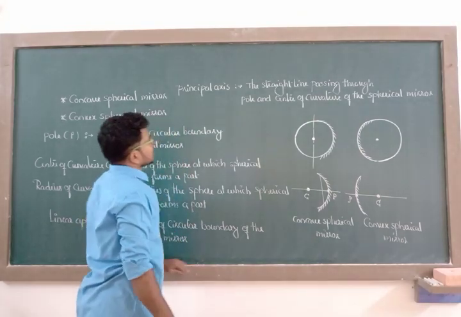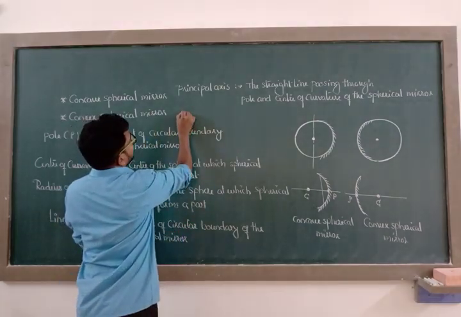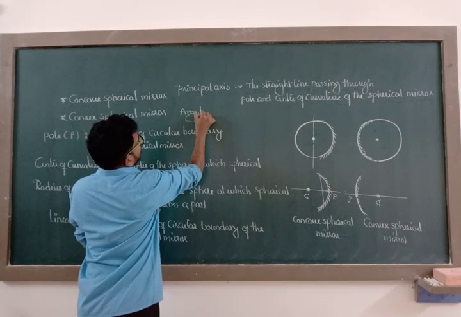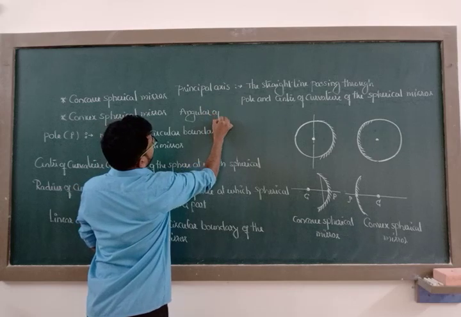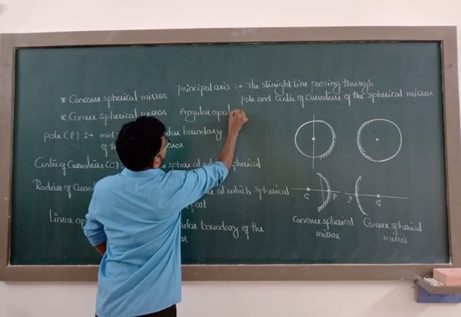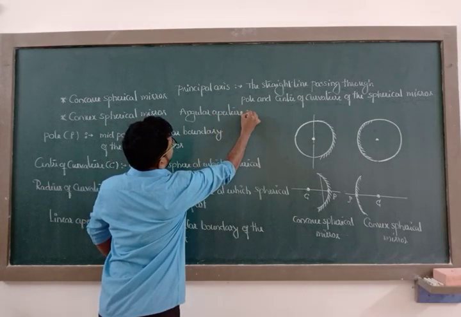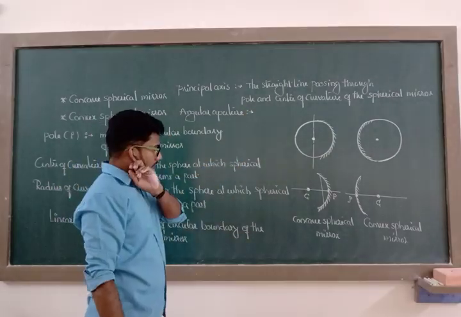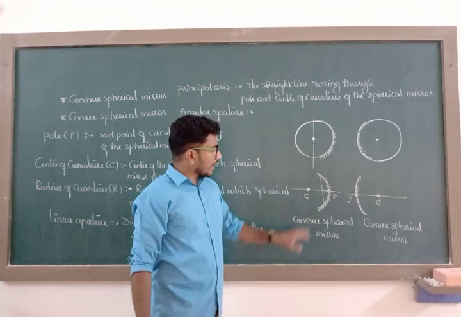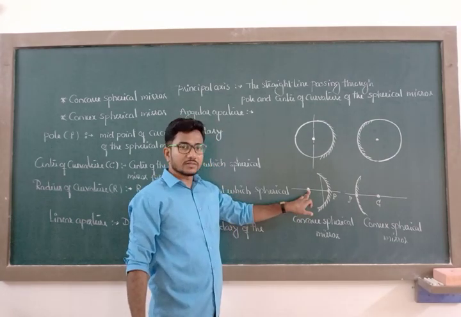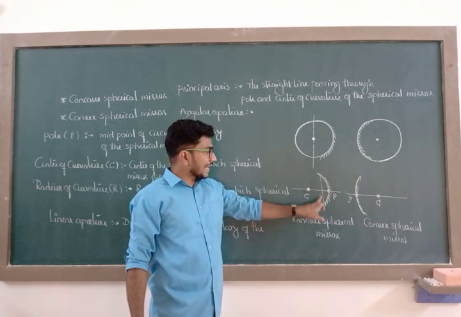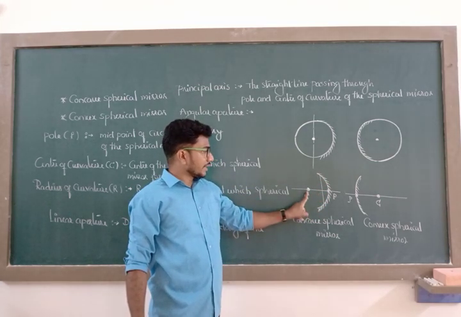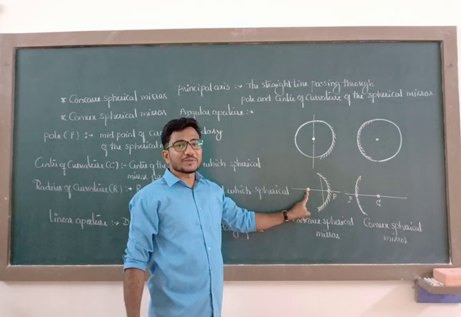Then angular aperture. Angular aperture is nothing but angle subtended by the diameter of circular boundary of the spherical mirror at its center of curvature.